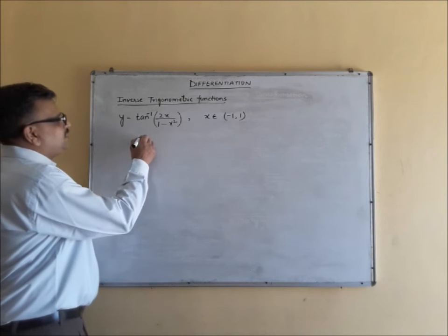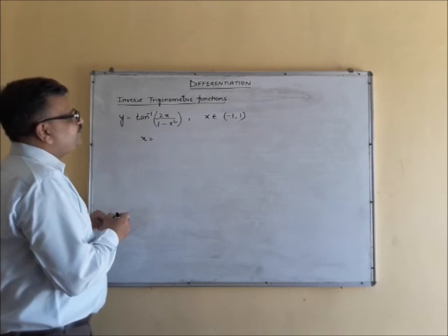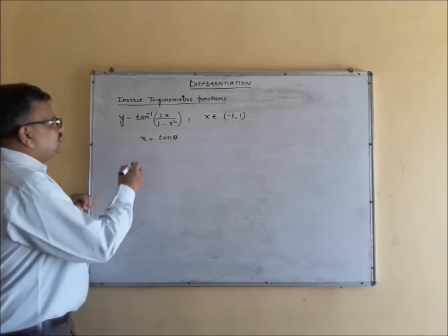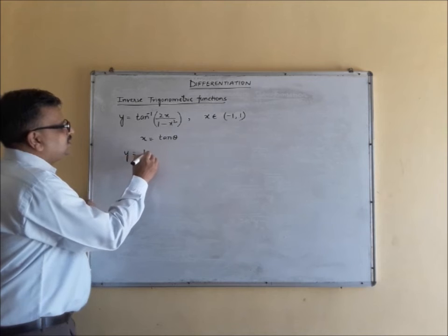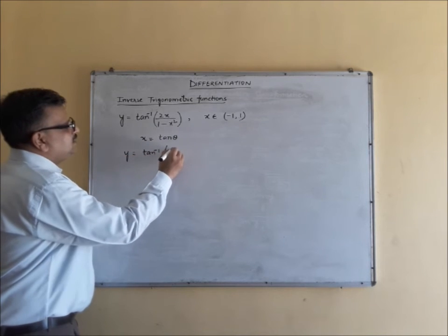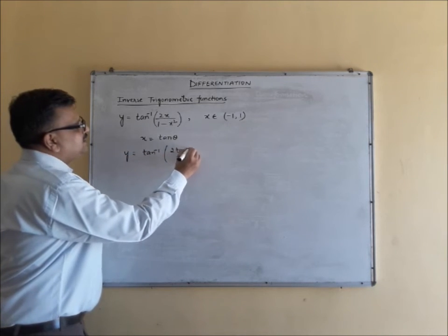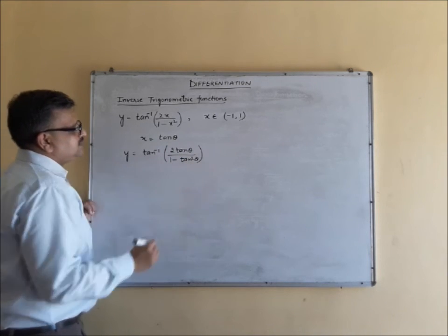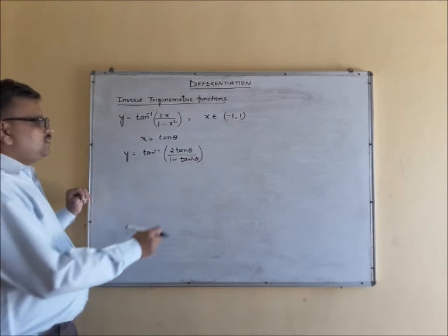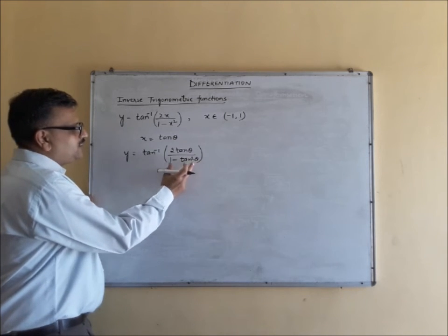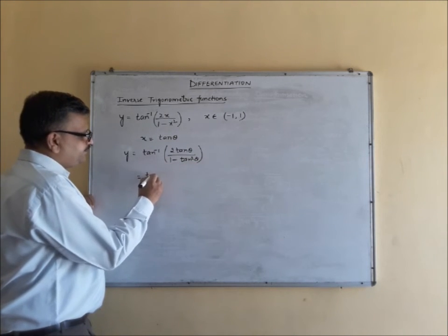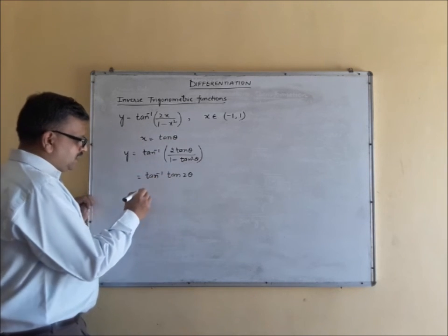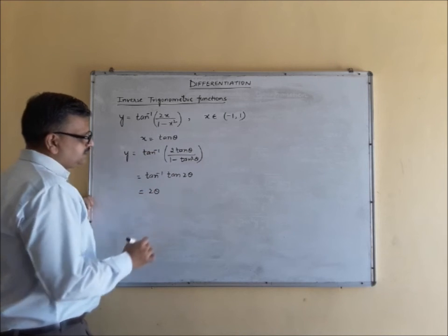So we substitute here x equals tan theta. Then y becomes tan inverse of 2 tan theta upon 1 minus tan square theta. This is the formula for tan 2 theta. Tan inverse tan 2 theta now becomes 2 theta.